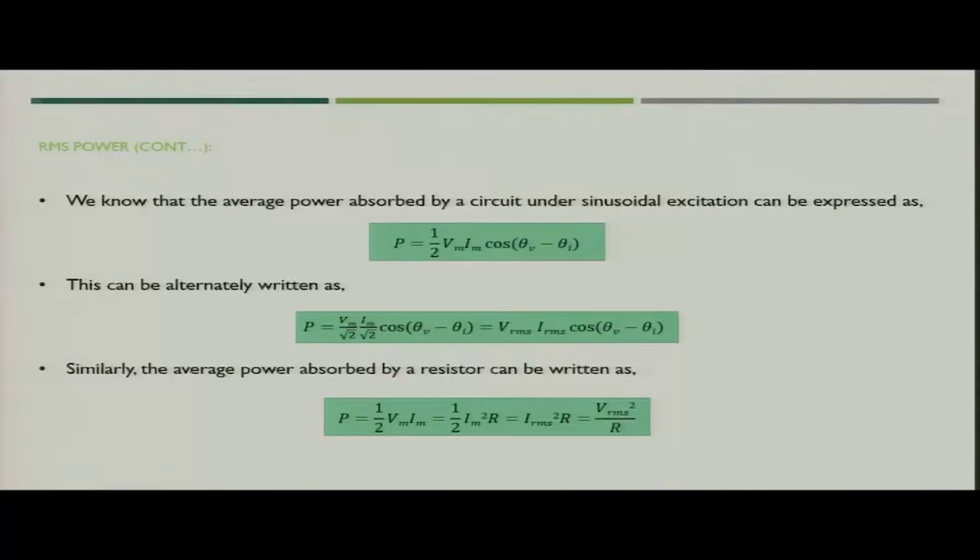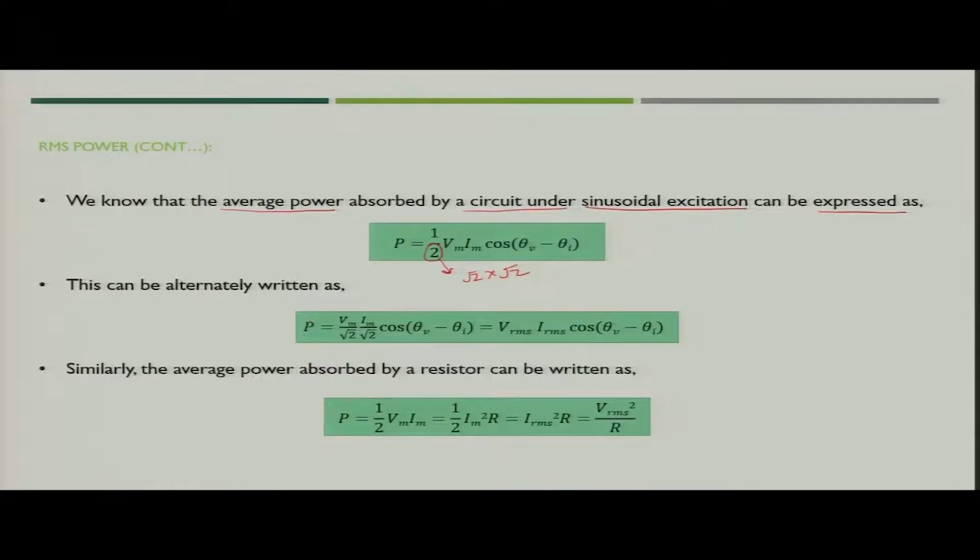So, now from the previous lectures we can recollect that the average power absorbed by a circuit under sinusoidal excitation can be represented as P equal to 1 by 2 Vm Im cos of theta V minus theta I. Now, how can you represent it in the form of RMS values? You simply take this value of 2 in two forms, that is, you write root 2 into root 2 and put these root 2 below Vm and Im.